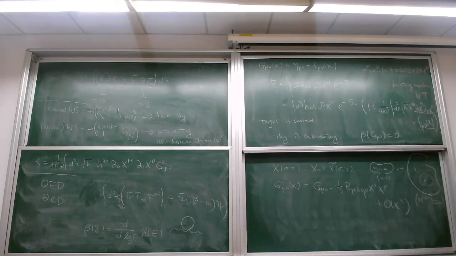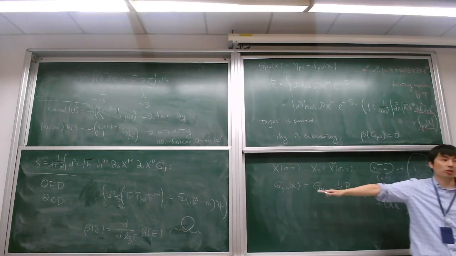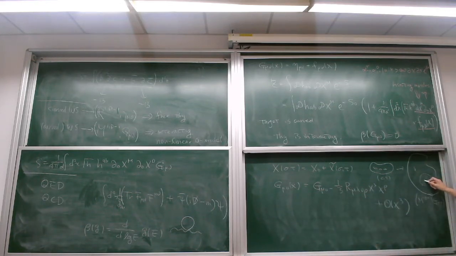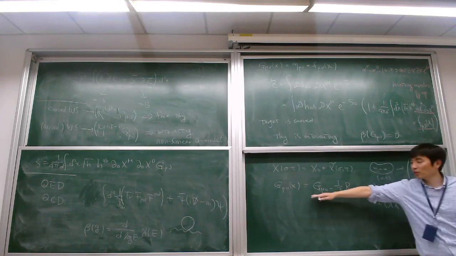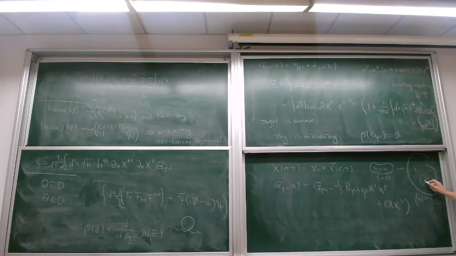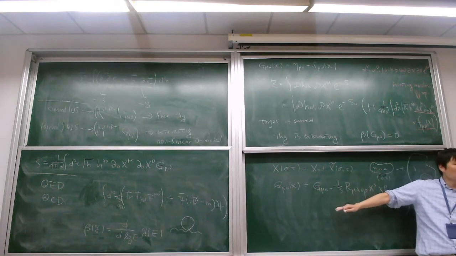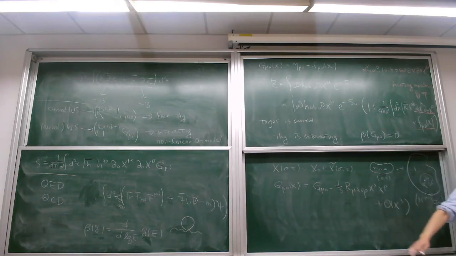As we learn in GR, take a point x naught, where g mu nu is the metric at that point. If you deviate a little bit from x naught, the deviation of the metric is captured by the curvature.